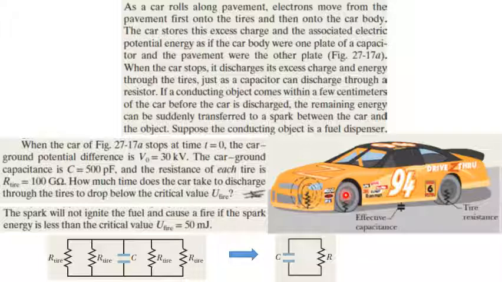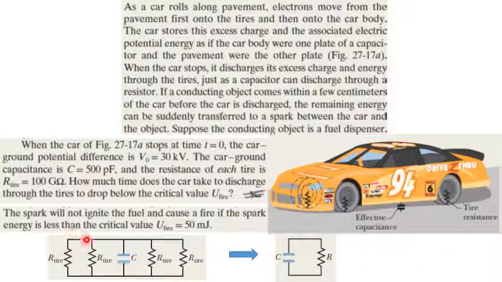Effectively the tires play the role of parallel resistances. Why parallel? Because if we assume that this is terminal 1 of the tire and this is terminal 2 of the other tire, terminal 1 is connected to the body of the car and terminal 2 is connected to the ground. So both these resistances have terminal 1 connected to the same node and terminal 2 connected to the same node, so they are in parallel.